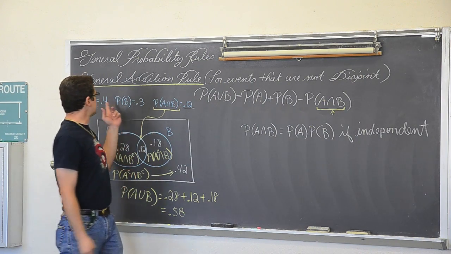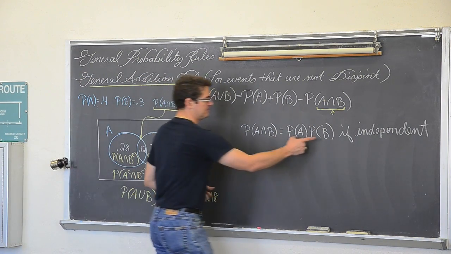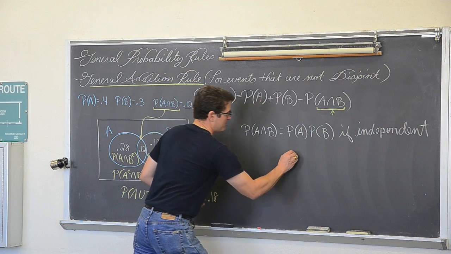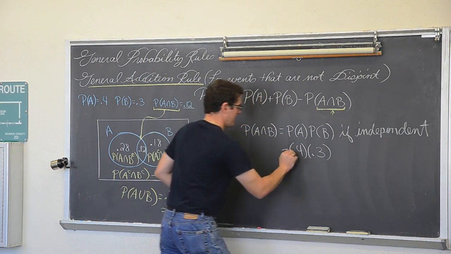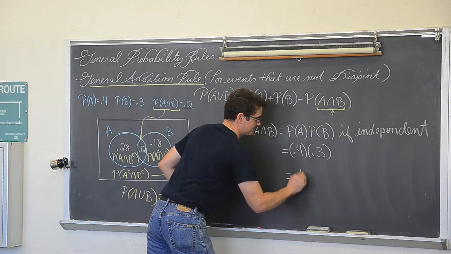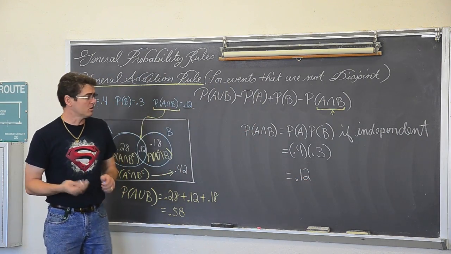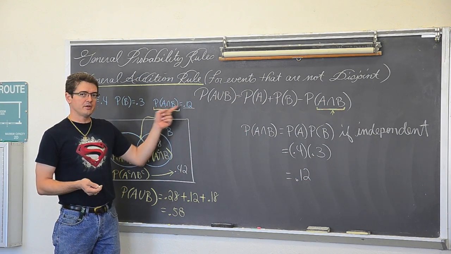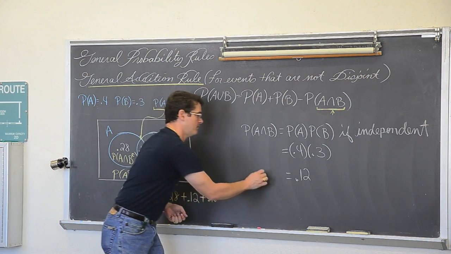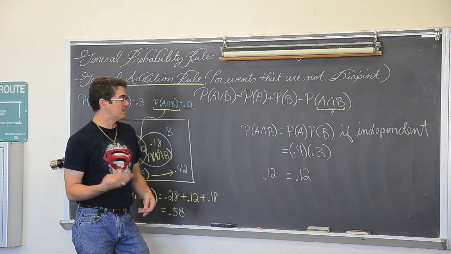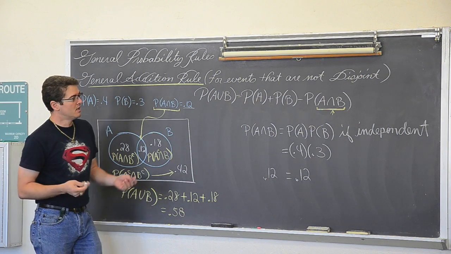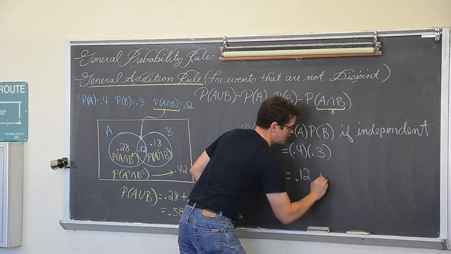Well, if I can take A and B and multiply them, that would be 0.4 times 0.3, and if I get the same answer as I'm told their probability of them occurring together at the same time, well, if that formula does actually come out to work, validates the given numbers, then those are indeed independent.